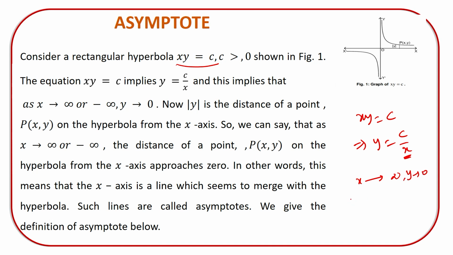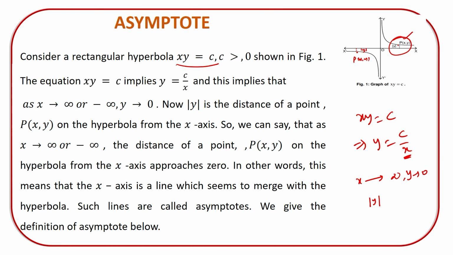Now, modulus of y, look at the picture here, is the distance of any point on this hyperbola from the x-axis. Let us say we have a point P(x, y) here, and this distance is the modulus of y.